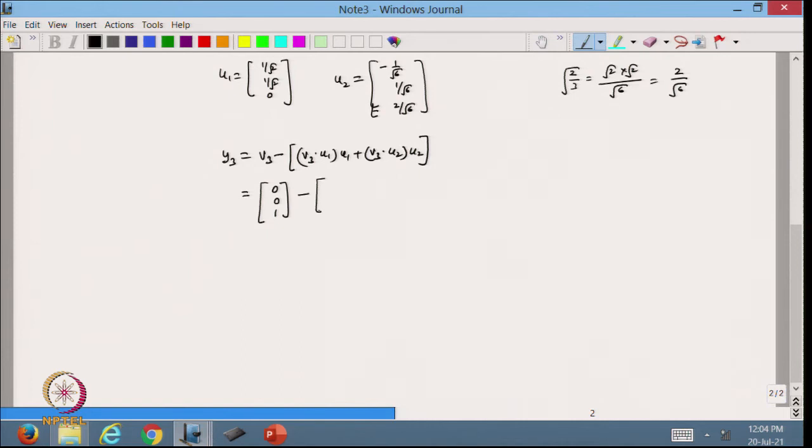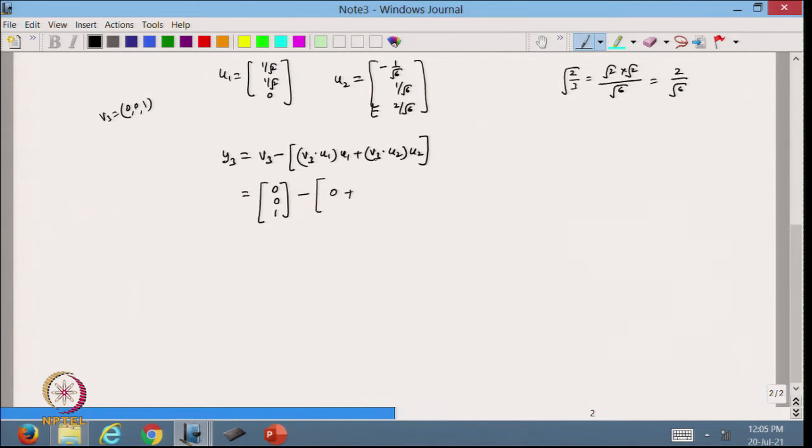minus, now I am taking the dot product of v3 with u1. So, it is 0 0 1. I am taking with u1 the v3, so it will be 0, plus v3 with v2.